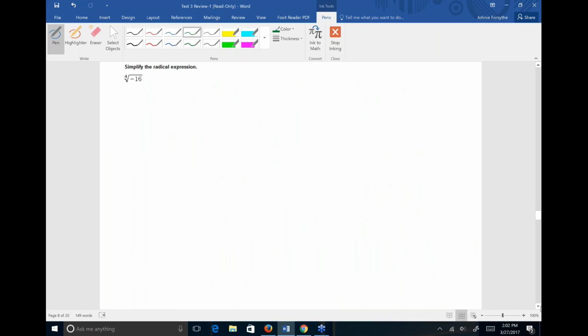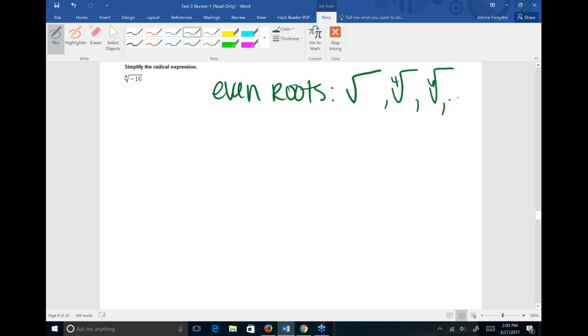Question 13. Simplify the radical expression. So we have the fourth root of negative 16. So remember, when we have even roots, so that's square root, fourth roots, sixth roots, and so forth, you never want negative radicands.